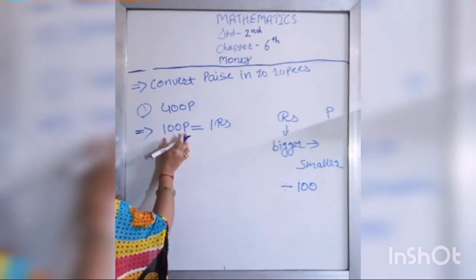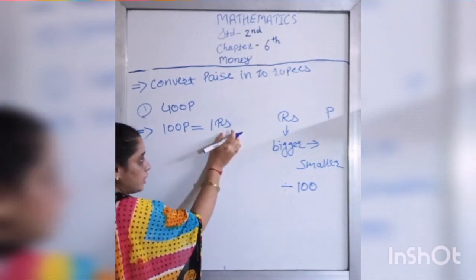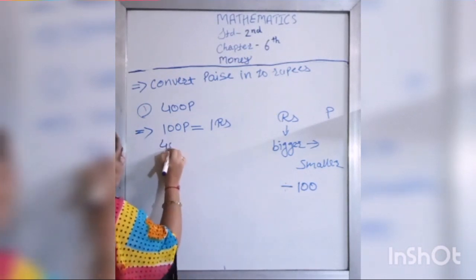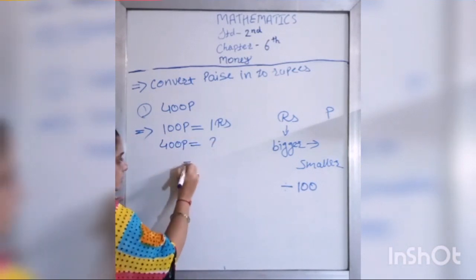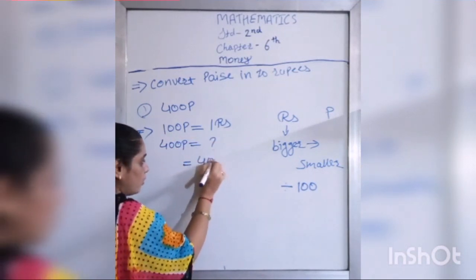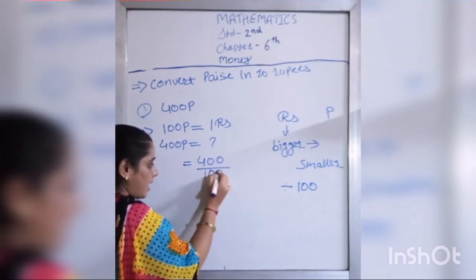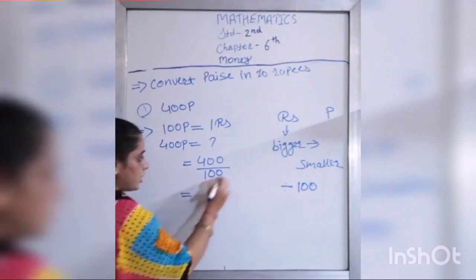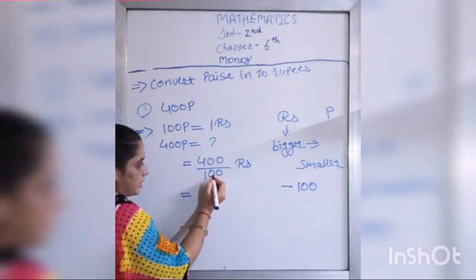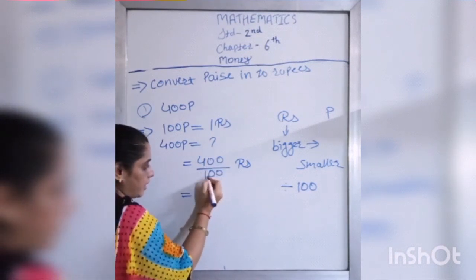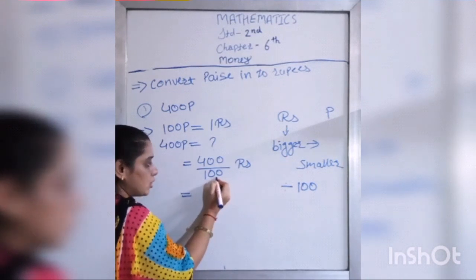Now see here, 100 paise is equal to 1 rupee. So 400 paise is equal to how many rupees? For that, we will divide 400 by 100, so it will convert into rupees. How many zeros are there in 100? 2 zeros.